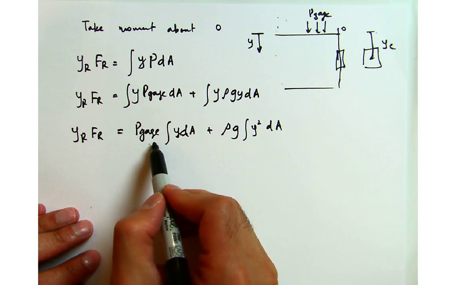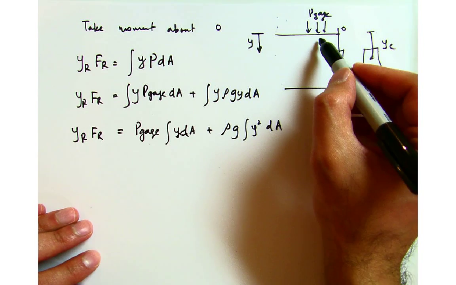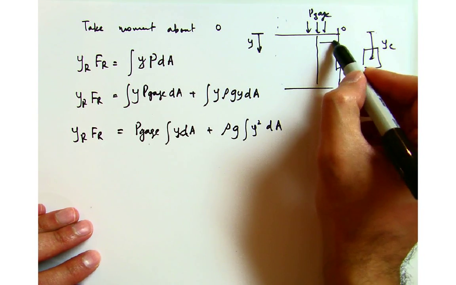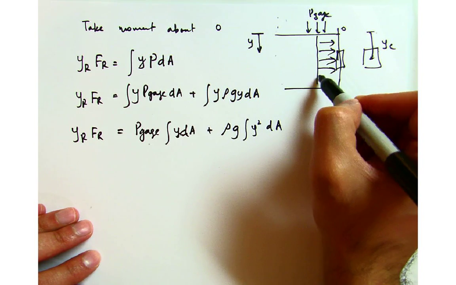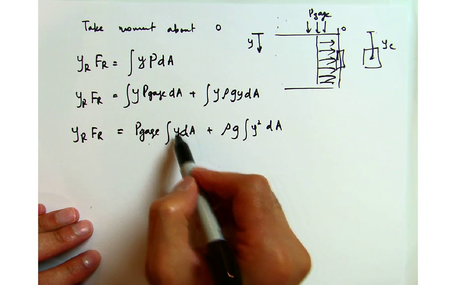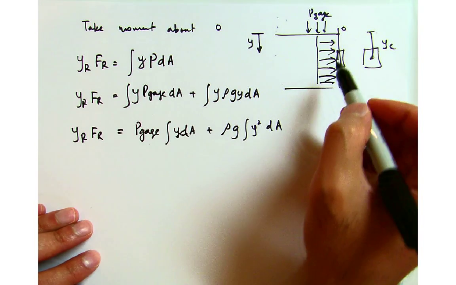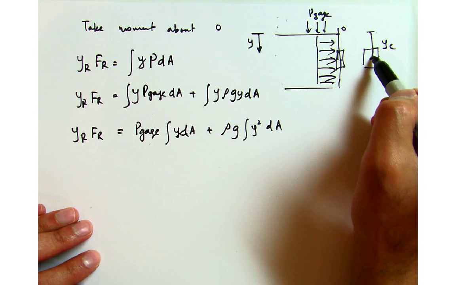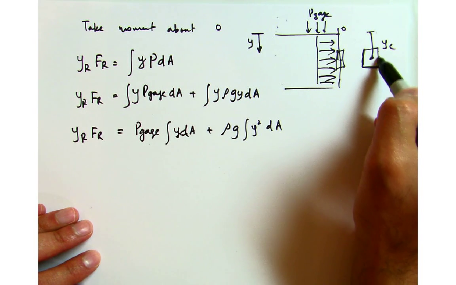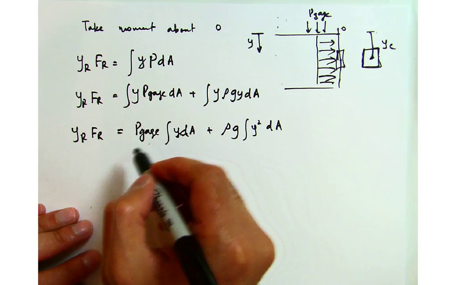For the contribution coming from the gauge pressure, this pressure is acting at the centroid of this plate, so that's where the gauge force is acting.